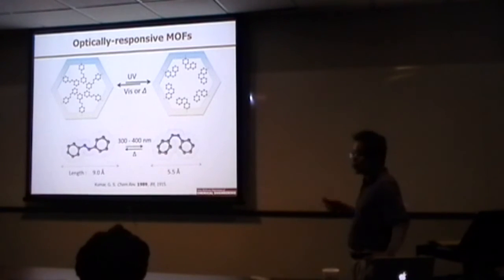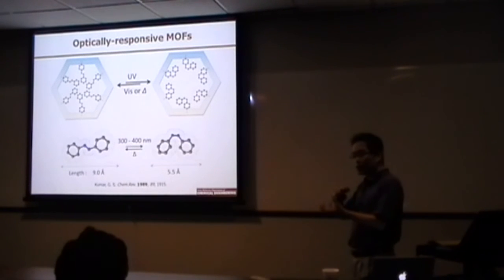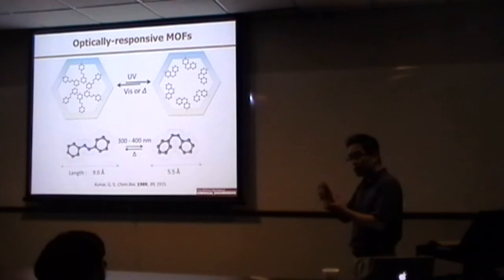I don't know whether you remember this isomerization reaction, but this happens. Believe me. So by introducing these functional groups, they can go through cis and trans transitions depending on light and temperature.